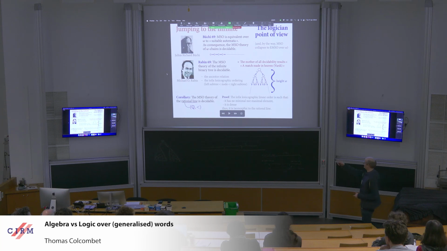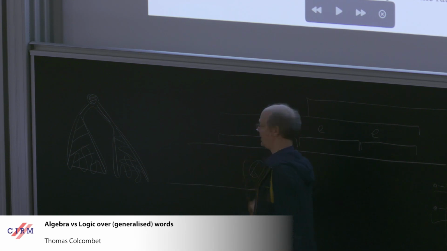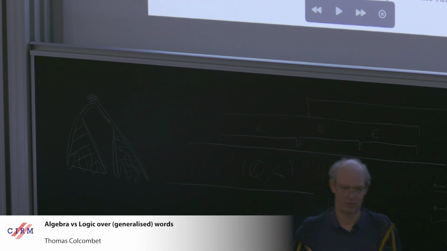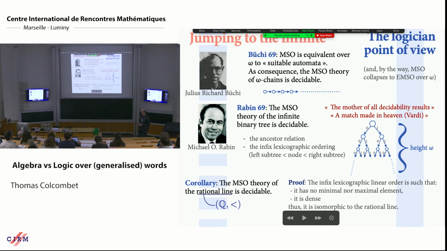So this formula here is in fact interpreting the rational line inside the infinite binary tree. As a consequence, the monadic second order theory of the rational line is decidable by an embedding inside the infinite binary tree.